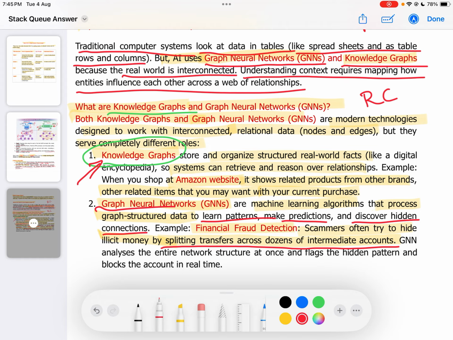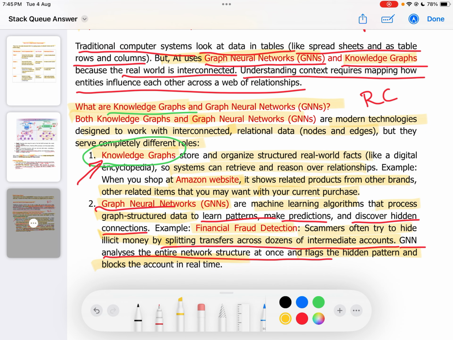So what the GNN does is analyze the entire network structure. What we see is that from account A it goes to account B. But the GNN looks at the entire network structure, sees all the transfers that are happening, flags the hidden pattern, and blocks the account in real time.